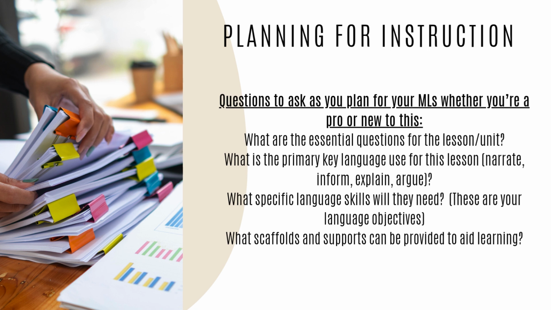So if we are doing something that needs a specific language skill, then we can design our scaffold and support to address that skill and help it develop. So these are the 4 questions that I hope you will consider as you're planning for instruction with your multilingual learners.